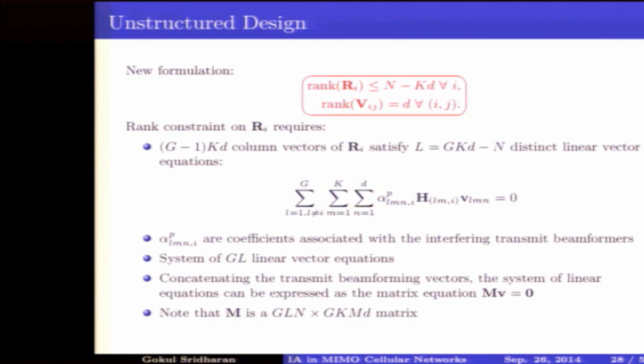Right? One option would be to set alphas to be completely random. And you can afford to choose alphas to be random, provided the resulting linear system had more variables than equations.